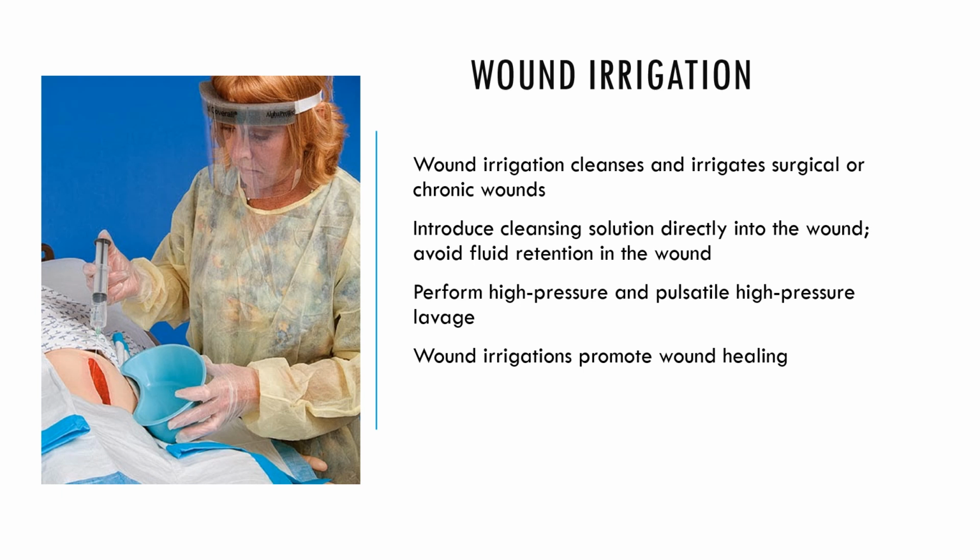So you have to be very careful about the amount of pressure you use. We should allow the solution to flow from the cleanest to the dirtiest area of the wound. And do not force irrigation solution into any wound pockets if there is tunneling or undermining. You gently flush or irrigate the areas of tunneling.